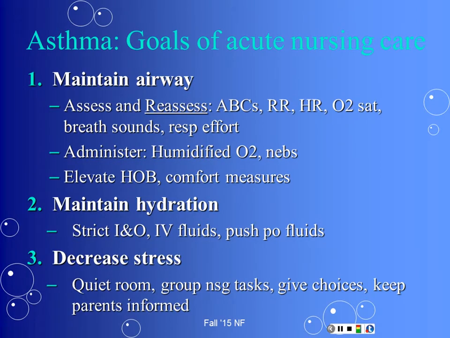So the biggest things with nursing care that we're concerned about is a good, solid first assessment of your patient. You always want to reassess and see what's going on. Humidified oxygen, nebulizers as needed, other comfort measures, maintaining that airway, hydration, and then decreasing stress.